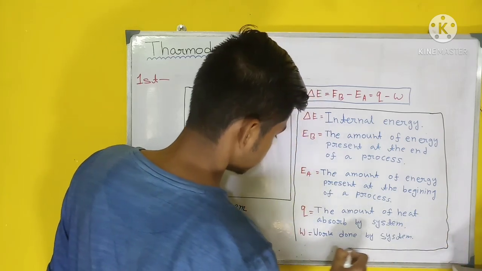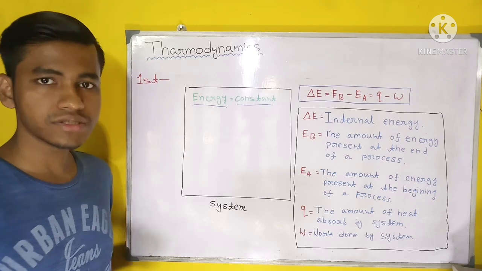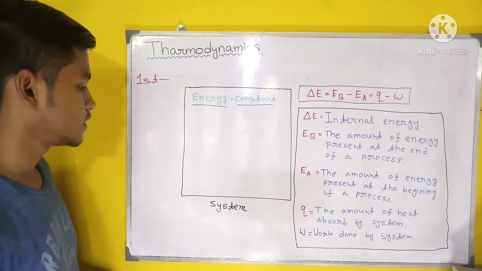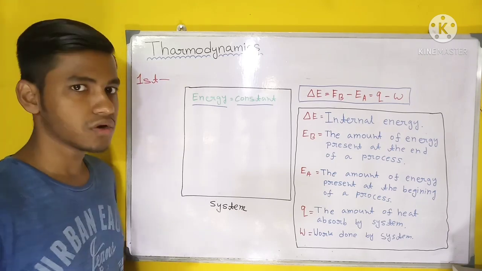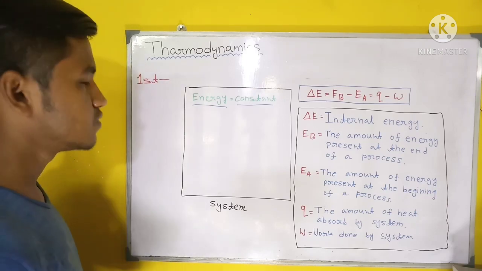So according to the first law of thermodynamics, energy of a system or in a universe is actually constant.